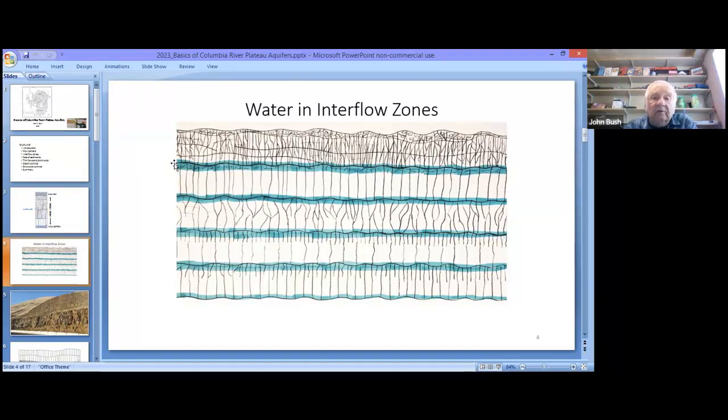I think it was Walters and Clancy, somewhere in one of their 60 reports on Whitman County, noted that if you were drilling in Pullman or throughout much of Whitman County, and you didn't have enough water when you went across the flow contacts, you drill another 100 feet and you'll get more water. I think the way they worded it was, every 100 feet you drill deeper, you'll add more water.